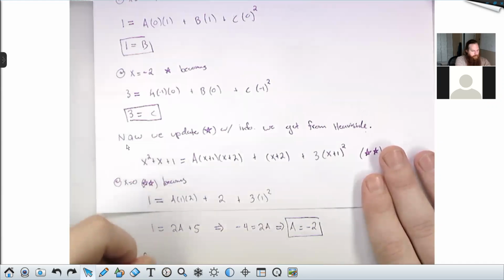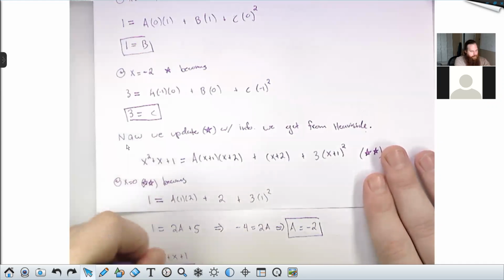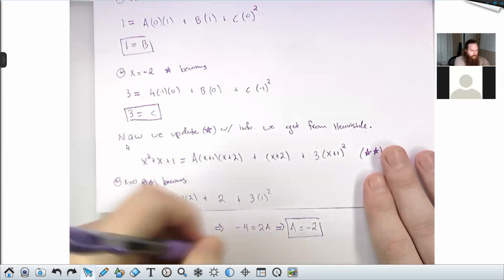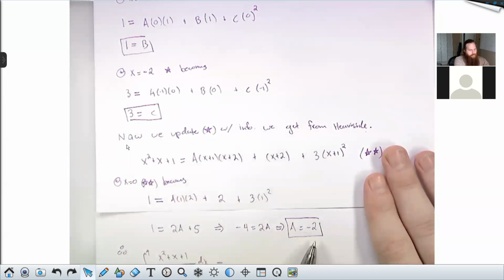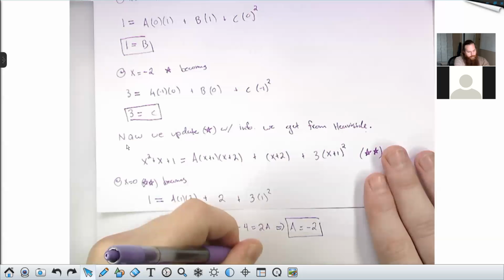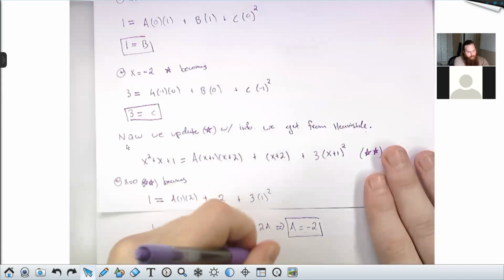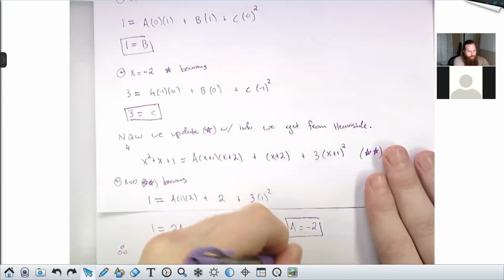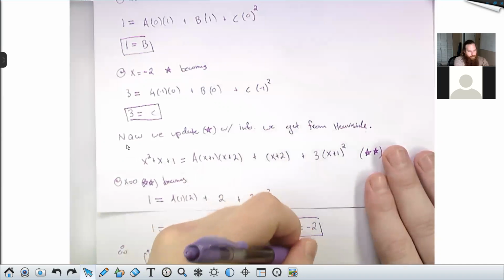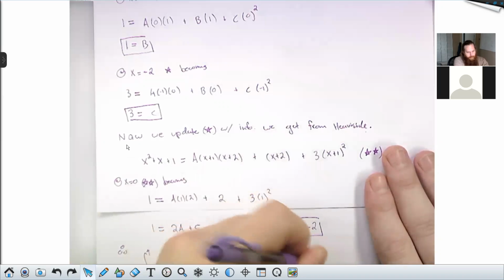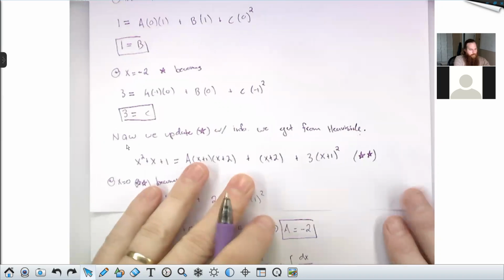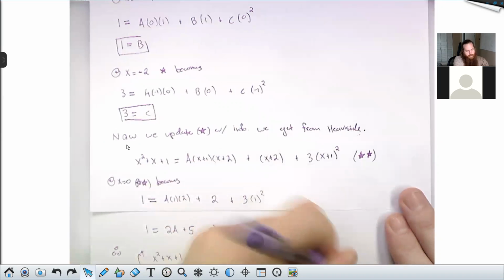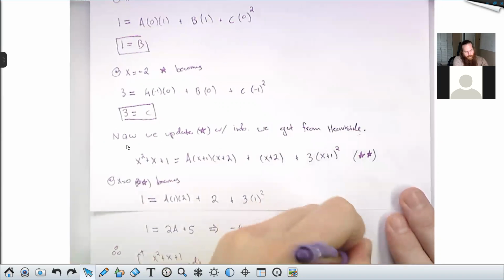Therefore, the integral from 0 to 4 of x squared plus x plus 1 over x plus 1 squared times x plus 2 dx is equal to a, which is -2, times the integral of dx over x plus 1, plus b, which is 1, times the integral of dx over x plus 1 squared, plus c, which is 3, times the integral of dx over x plus 2.